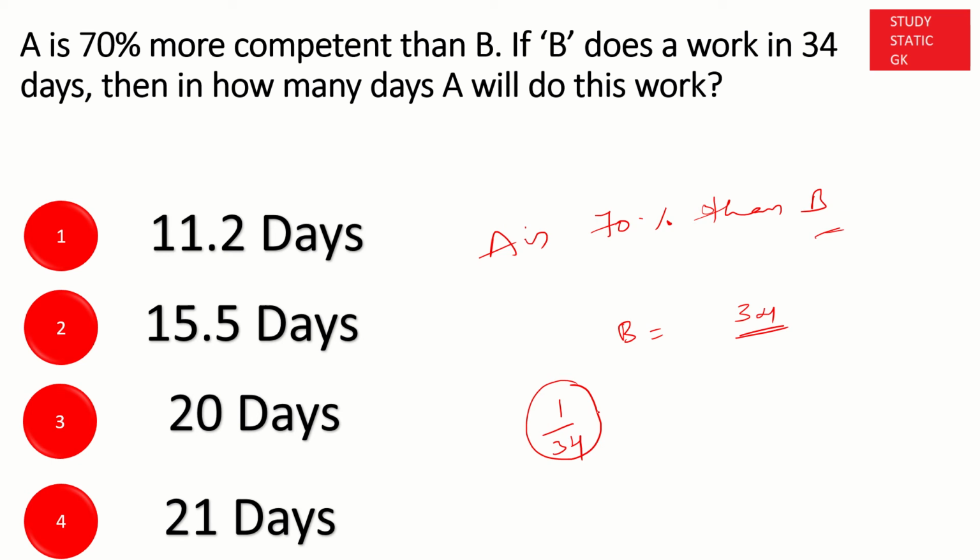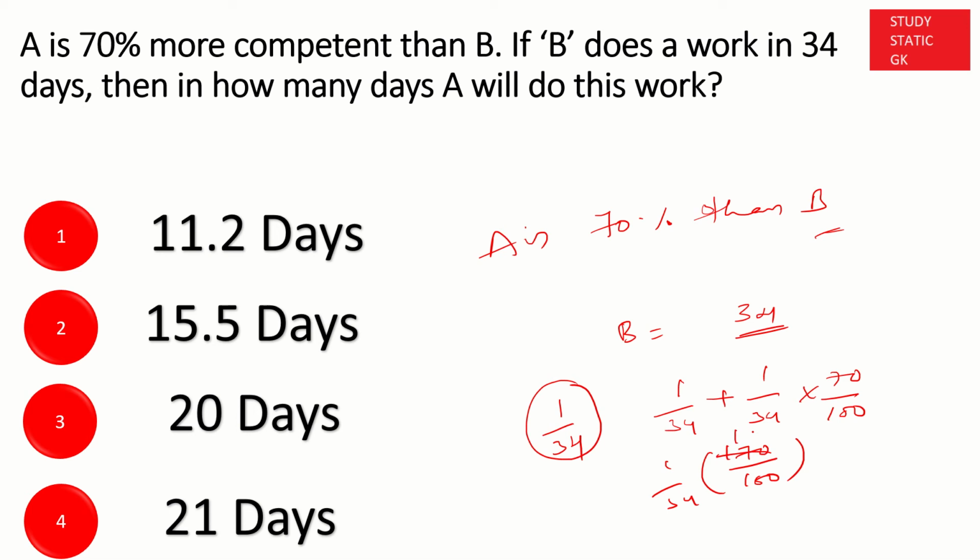A will do 70% more of this work, right? So 1 by 34 plus 1 by 34 into 70 by 100, right? So 1 by 34 into 1 plus 70 by 100, 170 by 100.